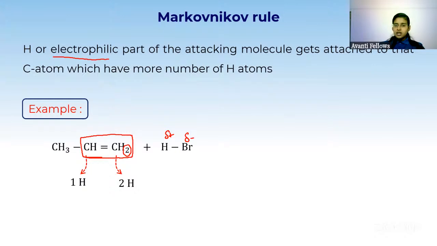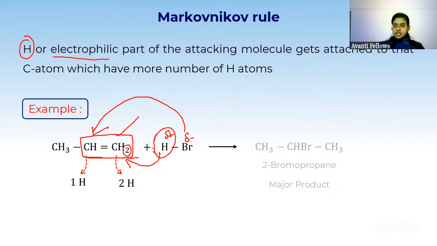Now, what does this Markovnikov rule say? For an unsymmetrical system, the hydrogen or the electrophilic part of the attacking molecule goes to the carbon which has more number of hydrogens. In the terminal carbon, we have more hydrogens. So this hydrogen will go to this carbon and the bromine will go to the middle carbon. I will get a product like this and this will be the major product.